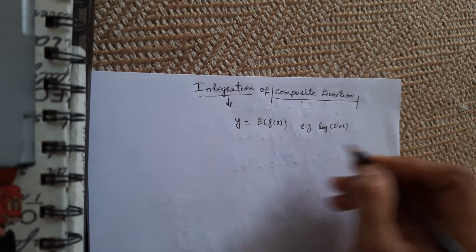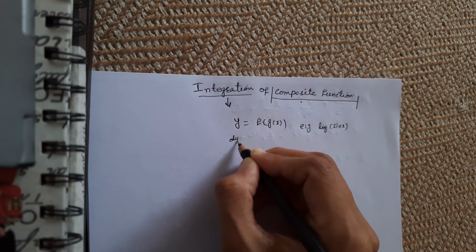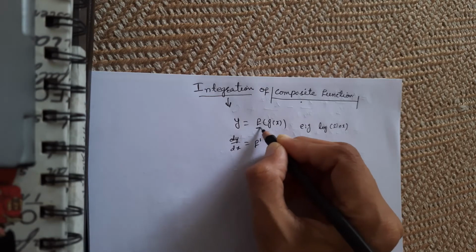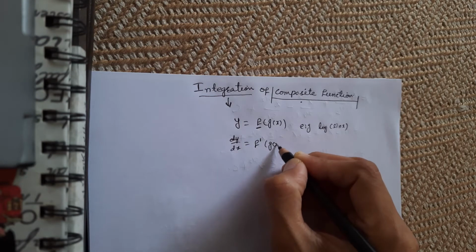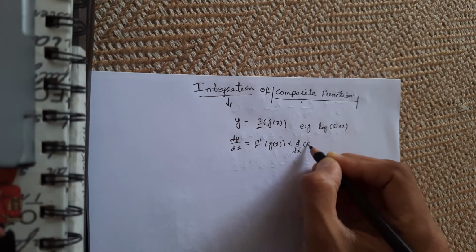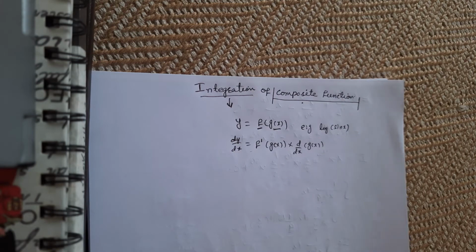While taking the derivative of a composite function, dy by dx is nothing but first we take the derivative of the outer function, which is f dash of g x, and multiply this with the derivative of the inner function.